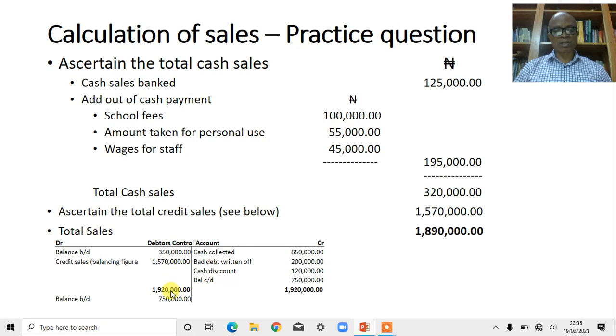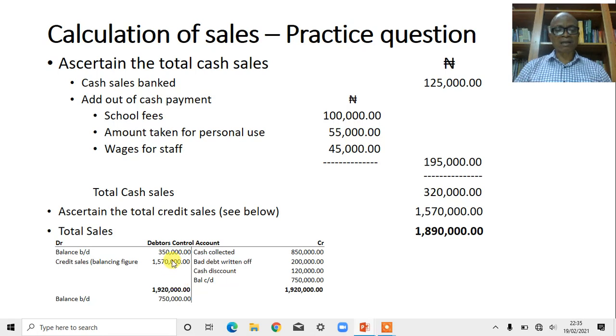So that will leave us with 1,920,000. Okay, and then, of course, he came up with a total balance of 350 at the beginning. So there's need for us to deduct 350 from 1,920,000.